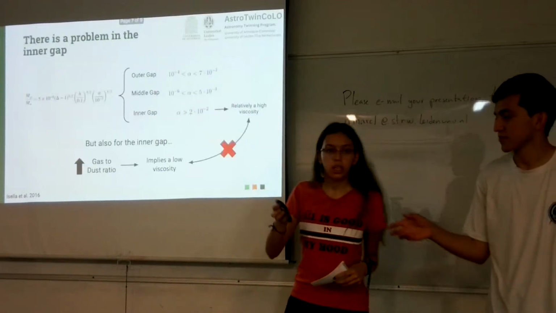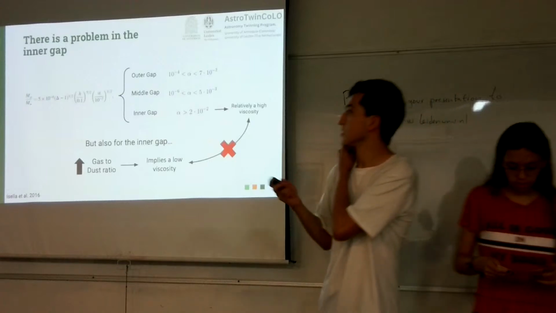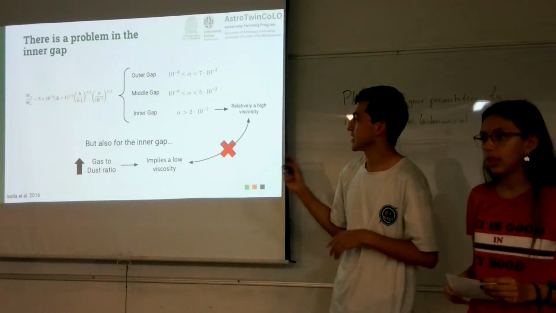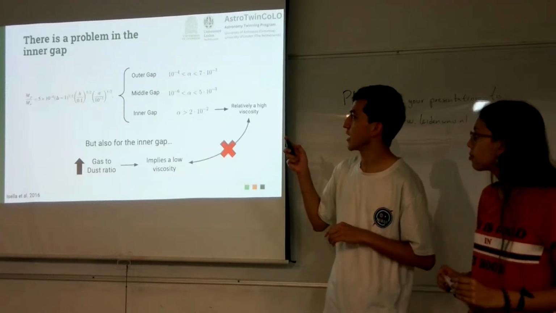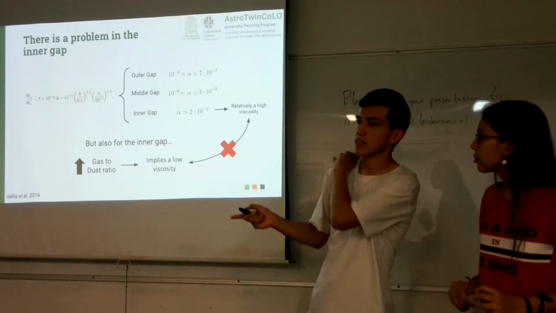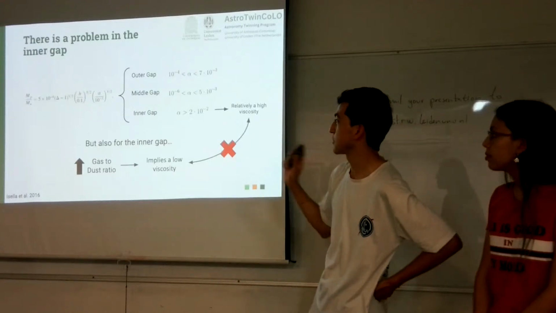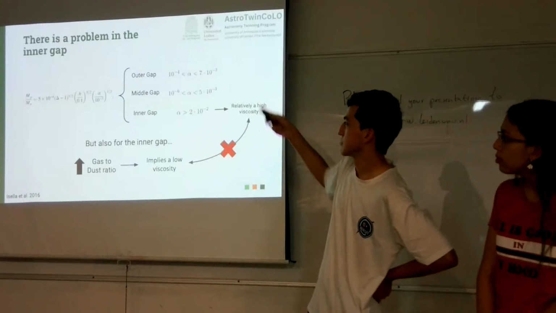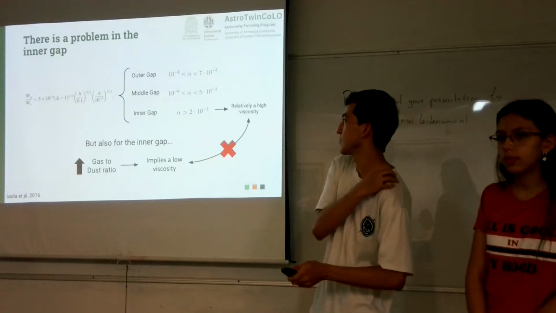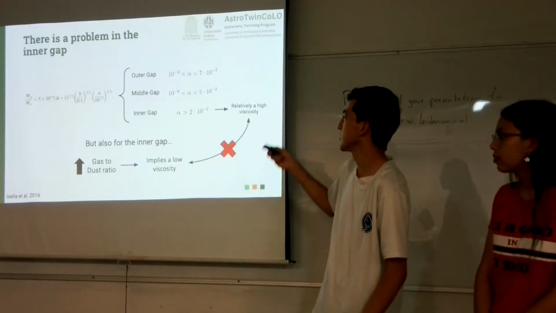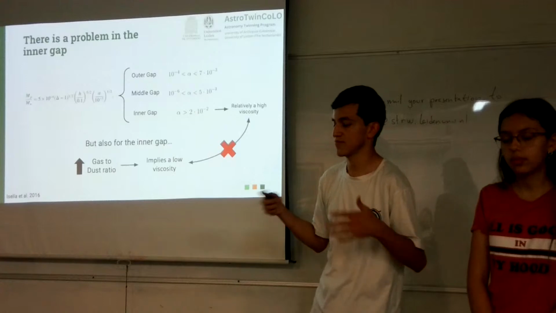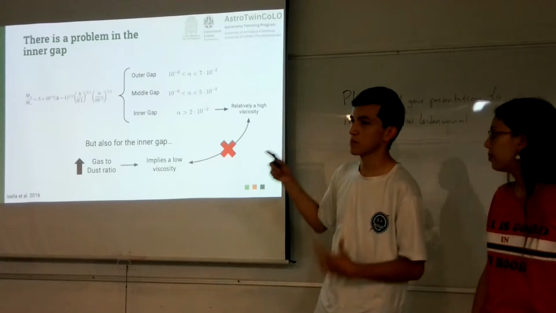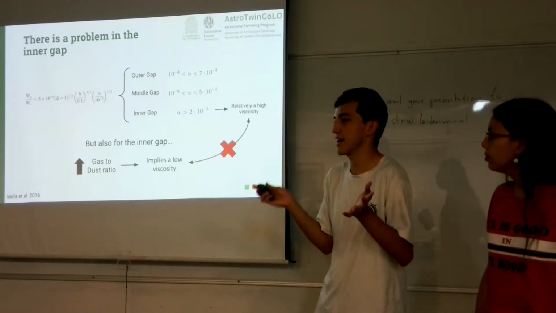Because of this mistake, it can be said, in the model, they study the parameter alpha, known as the Shakura-Sunyaev parameter, and they use this equation and find these alpha numbers for all the gaps, and especially in the inner gap, the alpha parameter is relatively high.